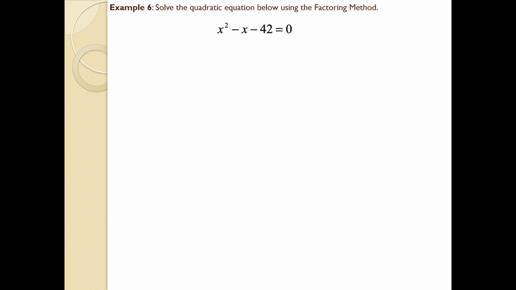If you multiply those two numbers, you will get minus 42, and if you take the sum of those two numbers, you will get minus 1. So think which two numbers have to be assumed in such a way that you will solve this quadratic equation.